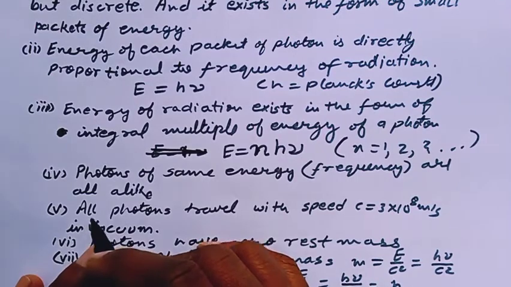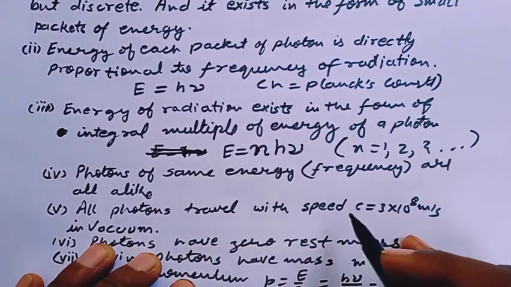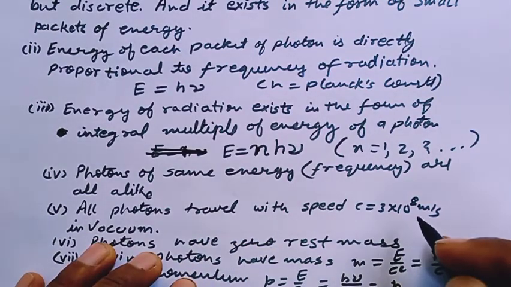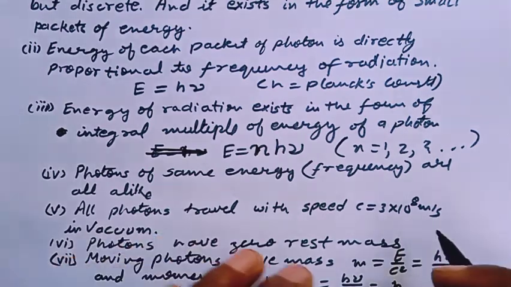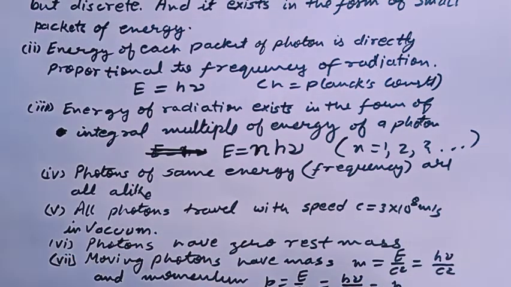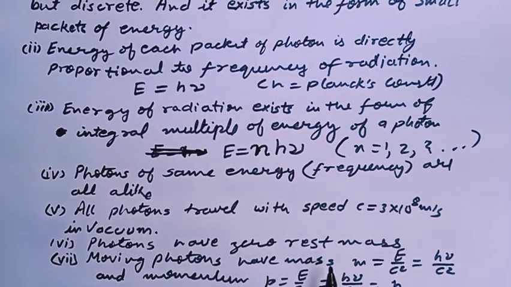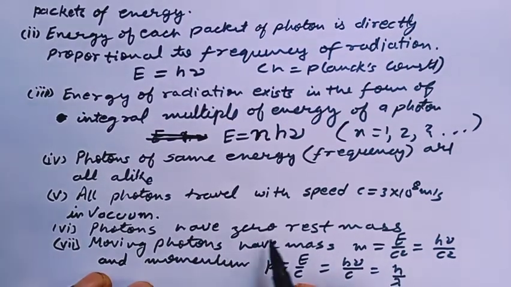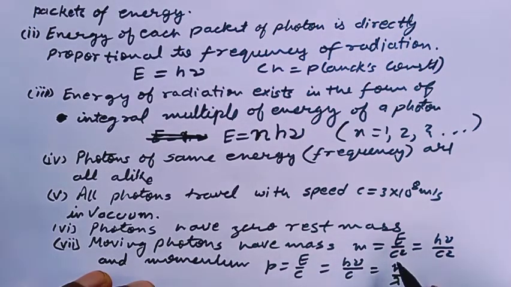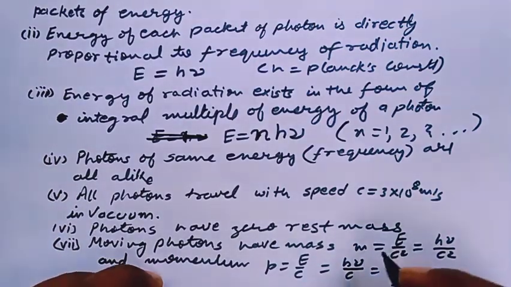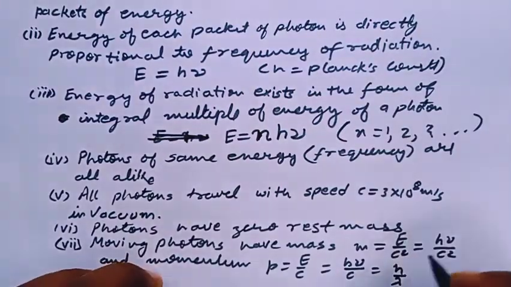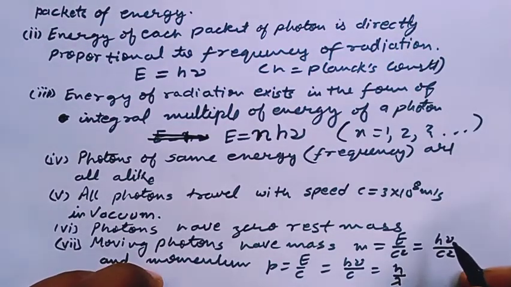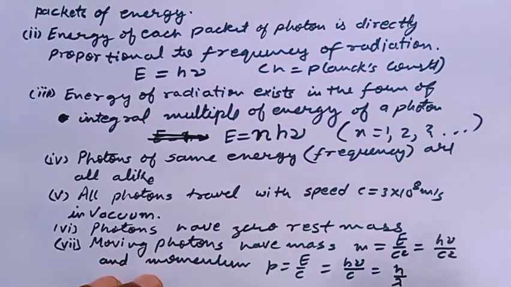All photons travel with speed c equal to 3 into 10 to the power 8 meter per second. We generally call it the speed of light, but light is also a photon, in vacuum. Photons have zero rest mass. A moving photon has mass m equal to E by c square according to Einstein's mass-energy equivalence, and here we can also write it as h nu by c square.